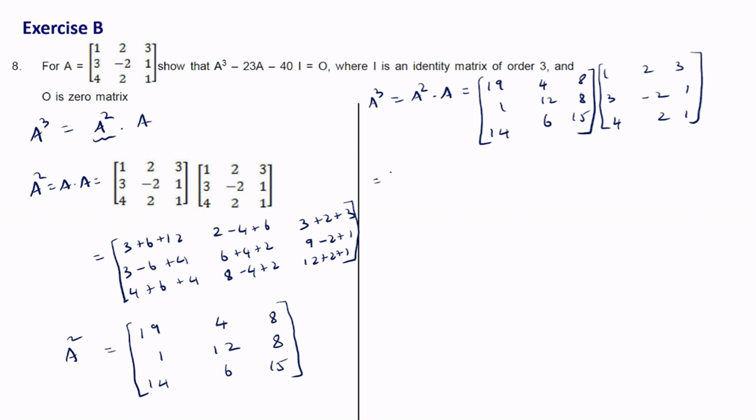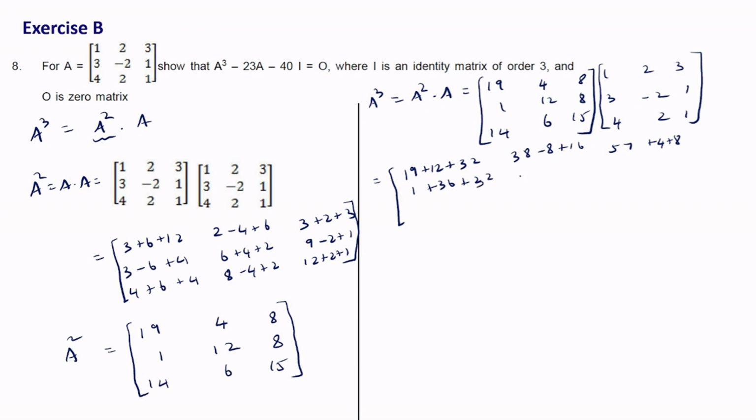So this is 19 plus 12 plus 32. Then it is 38 minus 8 plus 16. Then it is 57 plus 4 plus 8. And then we have 1 plus 36 plus 20 plus 32.